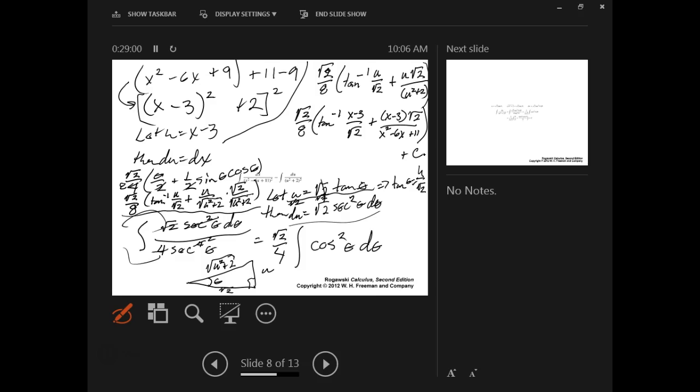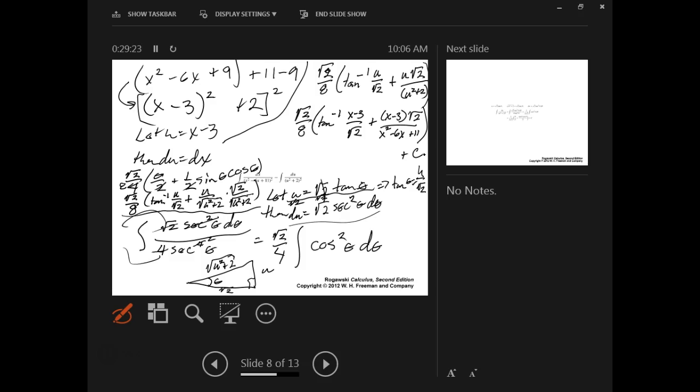Now, here's why they did the other. We left it on the outside. If we had written this as 1 over 4 root 2, then the root 2 here would cancel that root 2. And you distribute it across, and that leaves you plus 1 over 4 times this.